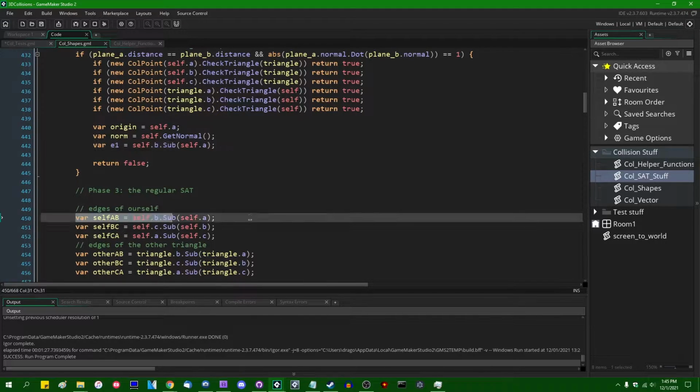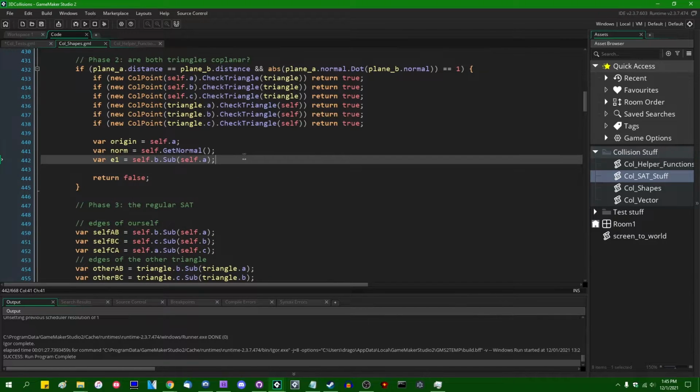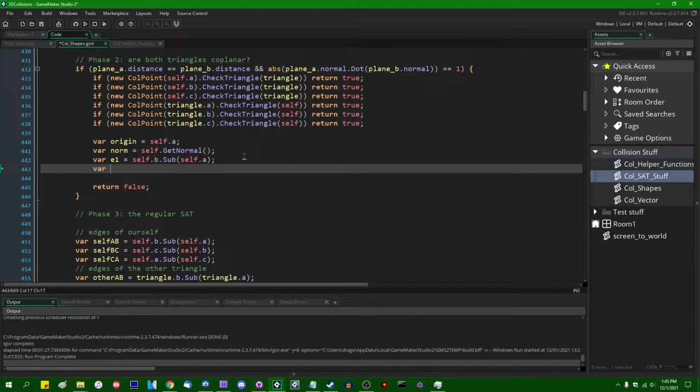Again, that is the same value that's down here. If you wanted to, you could call this like self e1, self e2, self e3, other e1, other e2, other e3. Anyway, and lastly, var e2 is going to be e1 dot cross against the normal.